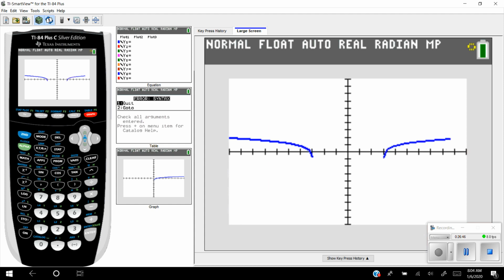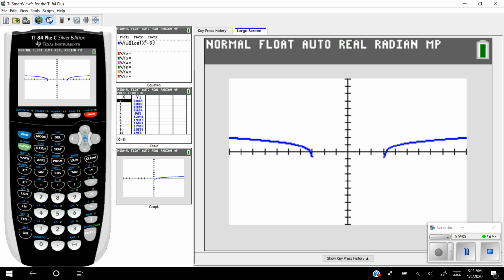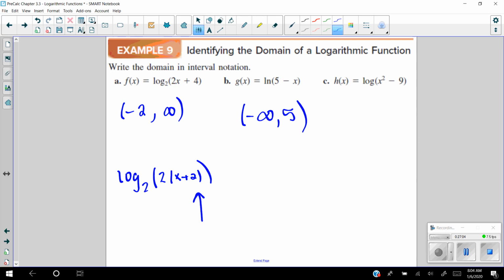And then we'll have to write this in interval notation to represent the 2 intervals of where this function is. So it's got the 2 asymptotes at -3 and +3, and there's no graph in between the 2 asymptotes. So the domain will be -infinity to -3 and 3 to infinity.